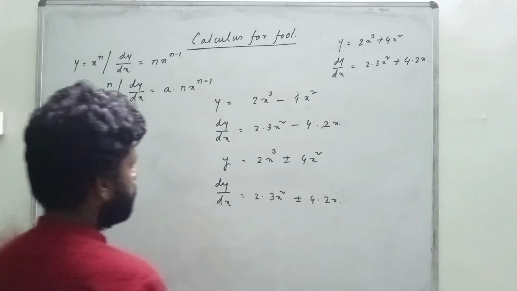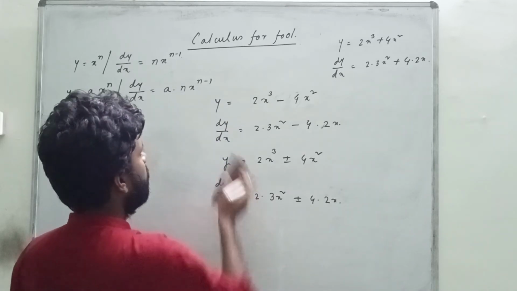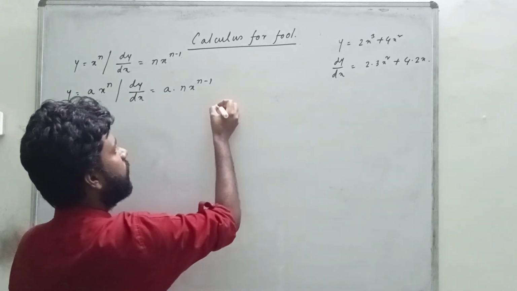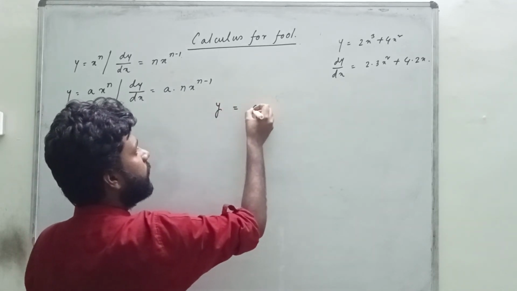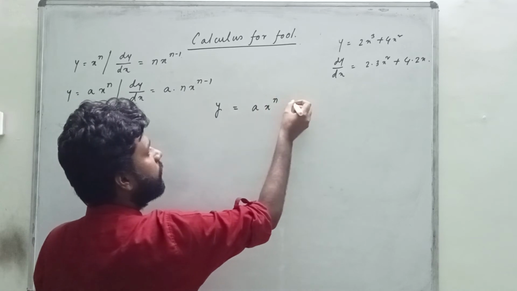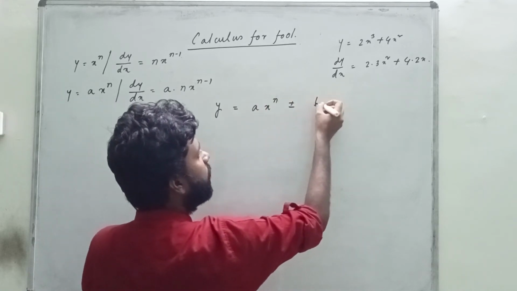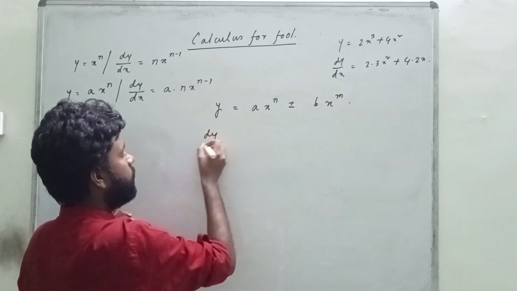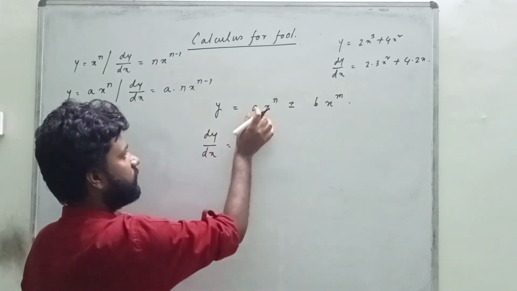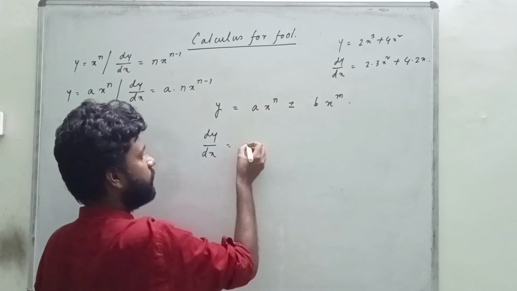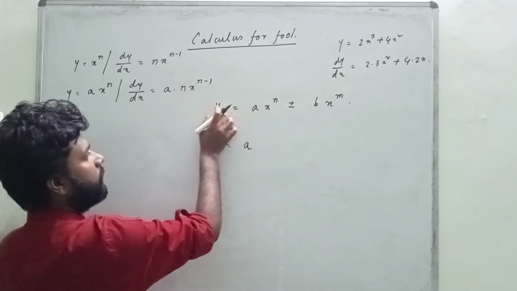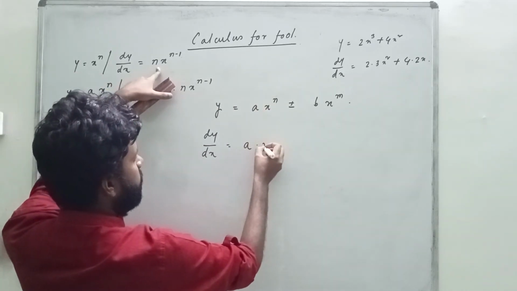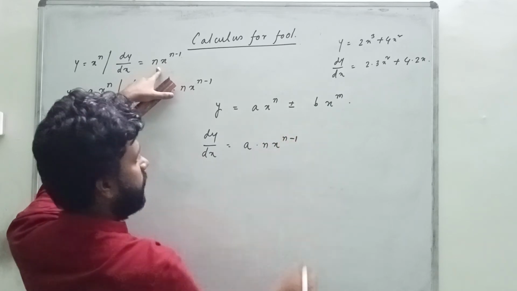Okay. So now I will conclude. In general, if y is some a x power n plus minus b x power m, then dy over dx becomes: a remains constant here, and if y equals x power n, the dy dx goes to n x power n minus 1.